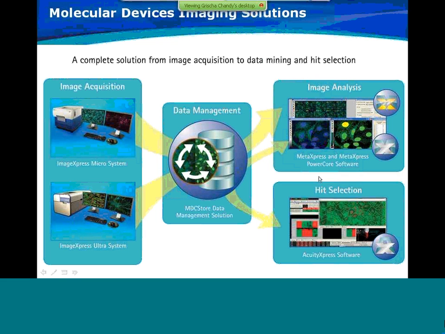And we have a QExpress software to help find those hits and graph those data to help with hit selection. Everything is tied together with a data management solution called Entity Store that gives you that complete high-content screening workflow. Mostly you're going to hear about data collected with the ImageXpress Micro, analyzed with ImageXpress, and some graphing of that data.